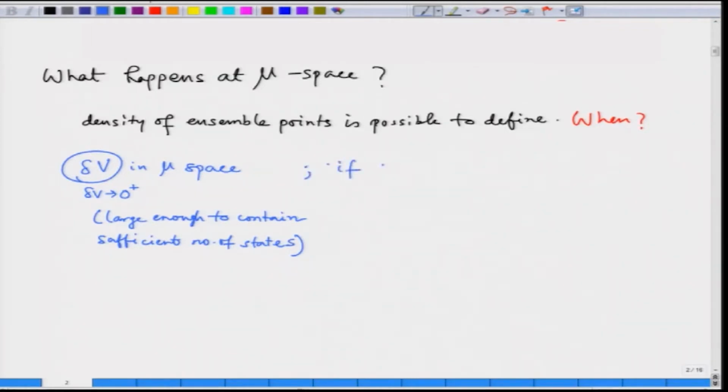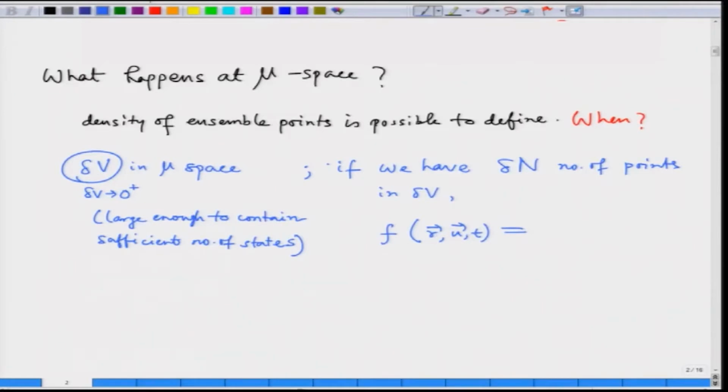Then, if we have delta n number of points in delta V, we can define the corresponding density of states. We use the symbol f, which will now be a function of r, u and t.